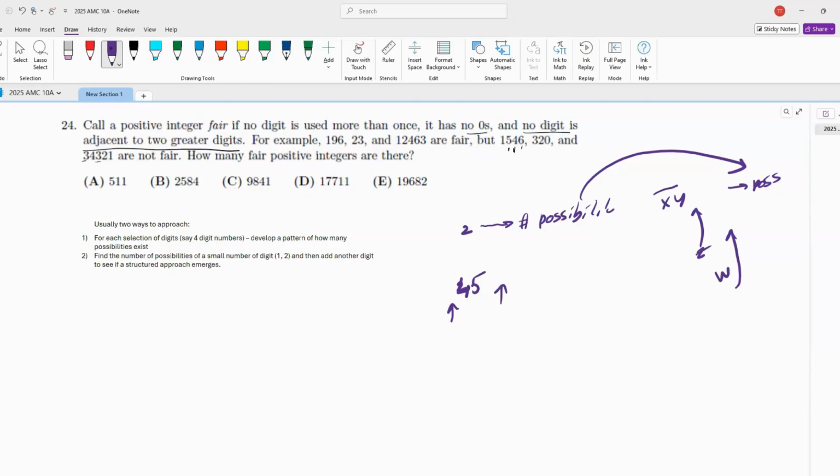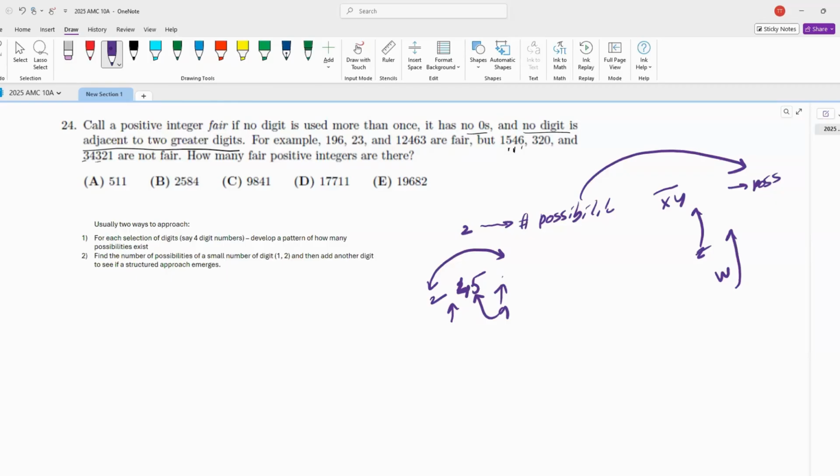Because if I add the number 2, then 2 would be required to be on either end, because the smallest number in a sequence cannot be anywhere but the outer ends. On the flip side, if I add the number 9, then 9 can go here, here, and in the middle as well. So 4 in that case becomes the smallest digit, and we have to make sure that 4 stays on either end of the number. So that's what tells me that approach number 2 is going to be a little complicated.